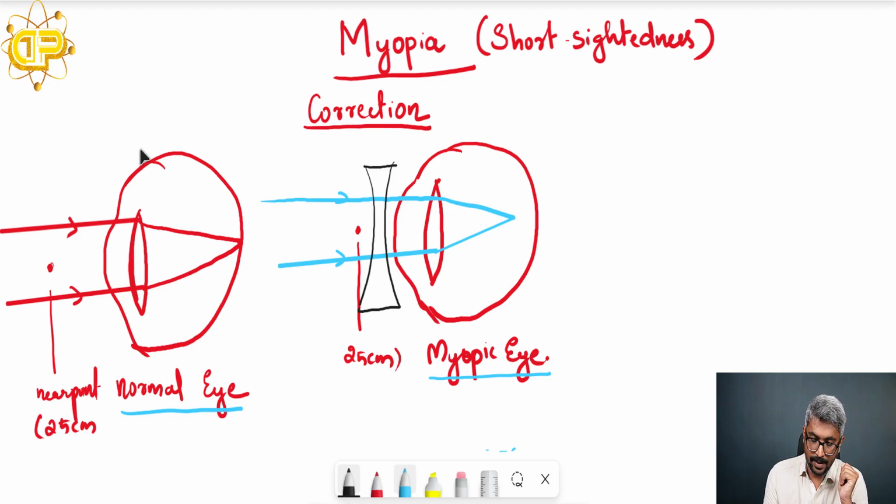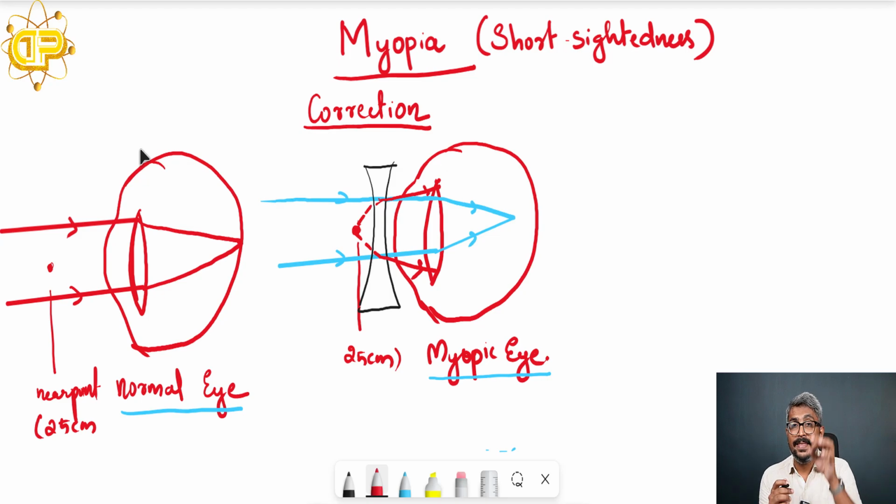I'm just using a different color here. You can see that after diverging from this concave lens, the rays fall like this. You can clearly see that they diverge and fall on your eye lens. If you extrapolate, you can see that the extrapolation goes and falls on the near point.